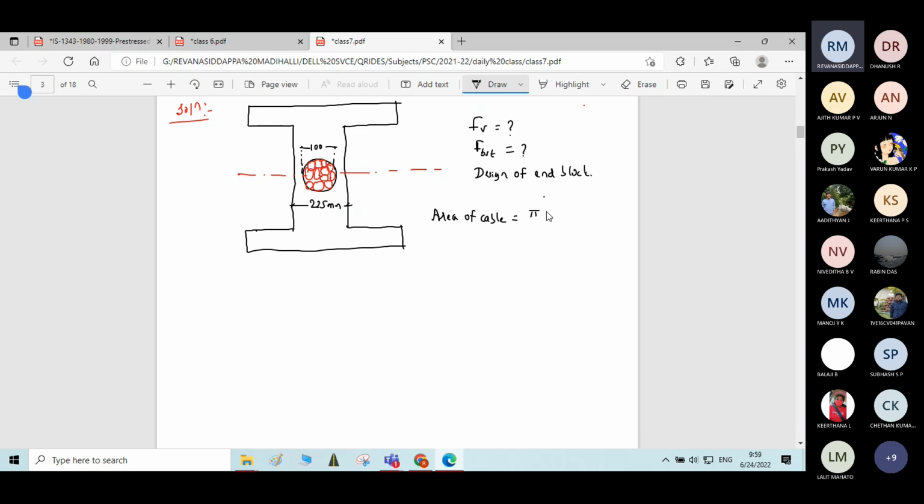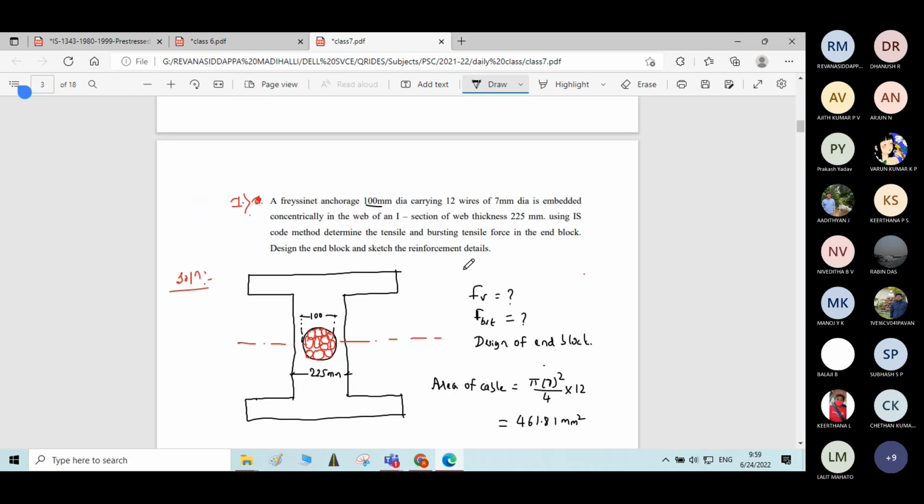Therefore, the area of one wire is pi d square by 4, pi into 7 square by 4. There are 12 such wires placed in the Freyssinet cable. This will give the total area of the cable. If you do it, you get 461.81 mm square. This is the area of the cable.